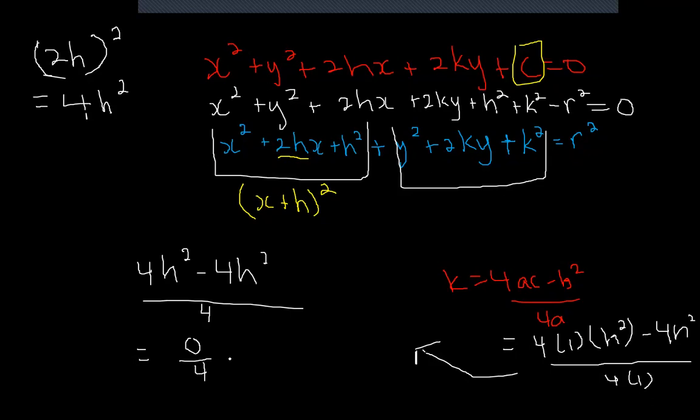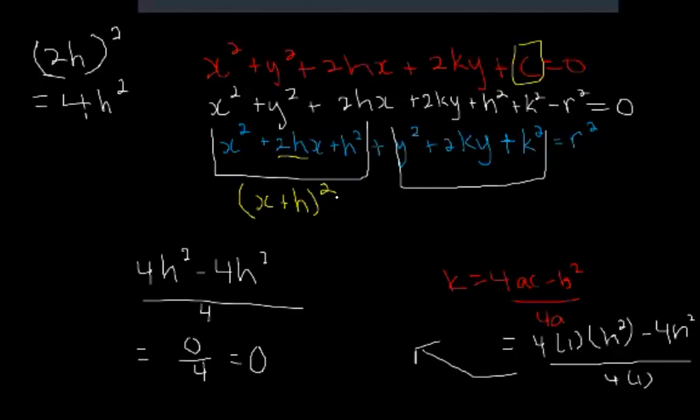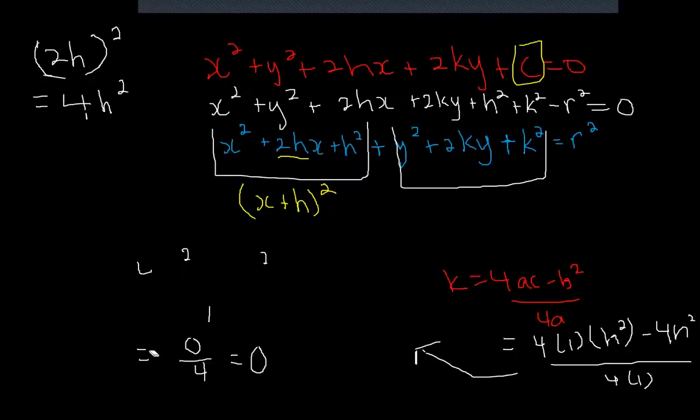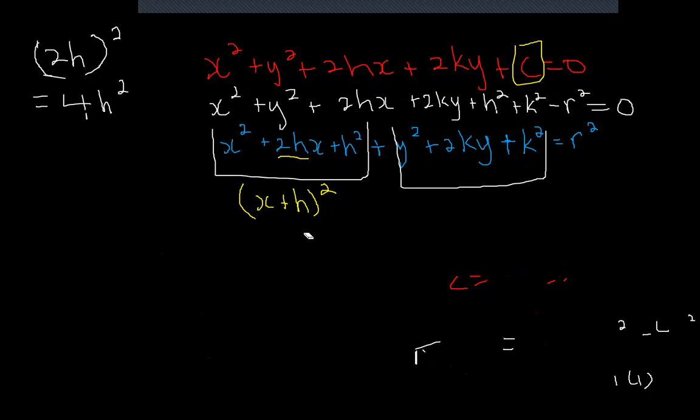And we know that 0 divided by any number is 0. So k in this case is 0, but we don't need to put that, right? We don't need to put the plus 0, it's understood. So if I wrote this first box in the completed square form, this would be the answer: x plus h, all squared.